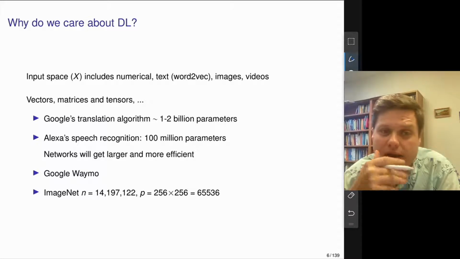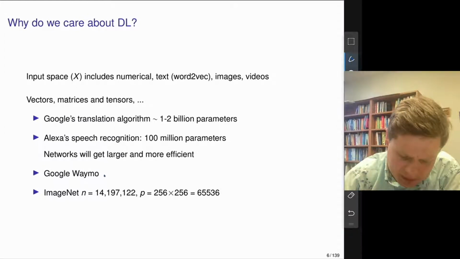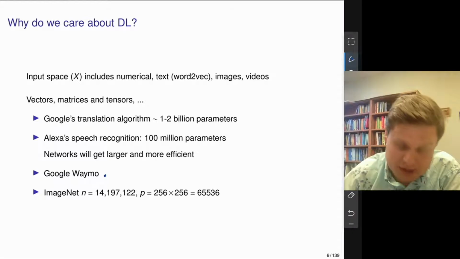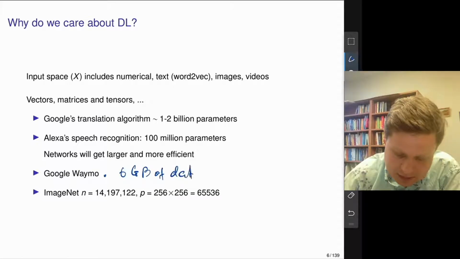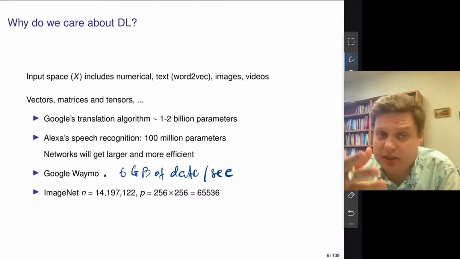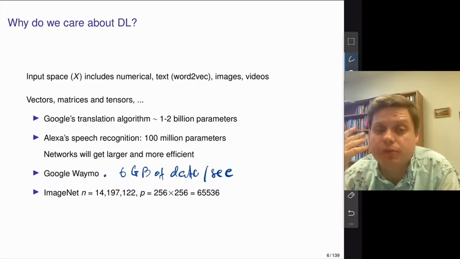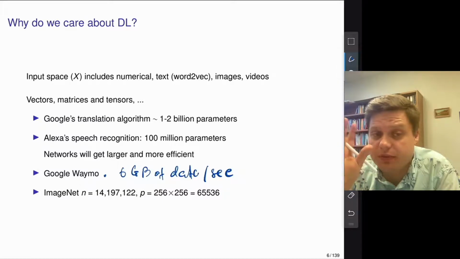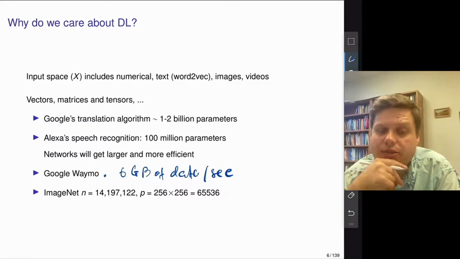And the Google Waymo, we don't talk about the number of parameters, but Google Waymo processes 6 gigabytes of data per second. So it's a very high dimensional data set. Google Waymo mostly uses images for perception and data from the LiDAR, which is also a high dimensional object.